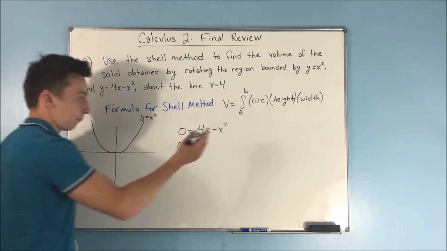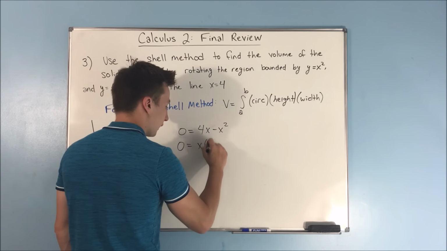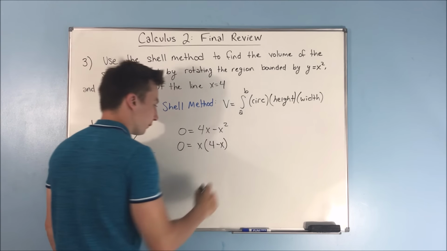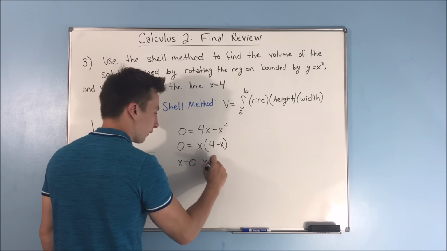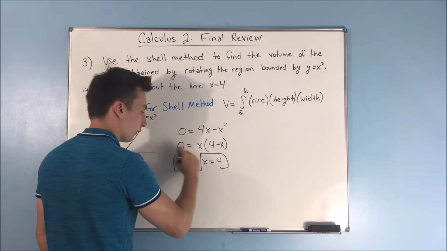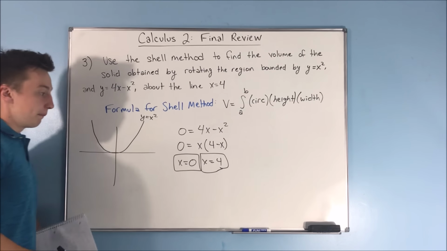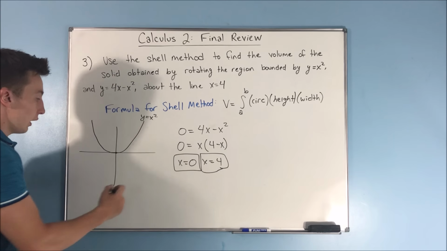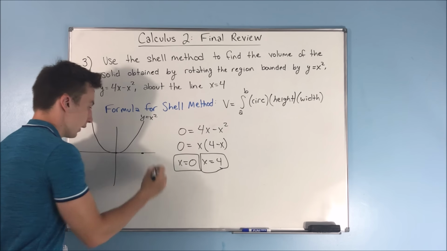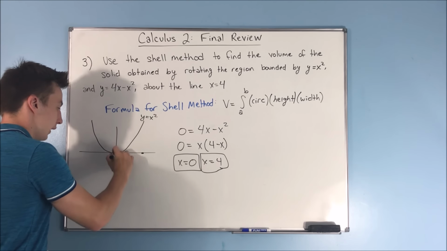So let's do that here. Take out an x, we have 4 minus x left, so you know that the zeros are going to be x equals 0 and x equals 4. So if those are our zeros, say right here and right here, this graph will look like this.